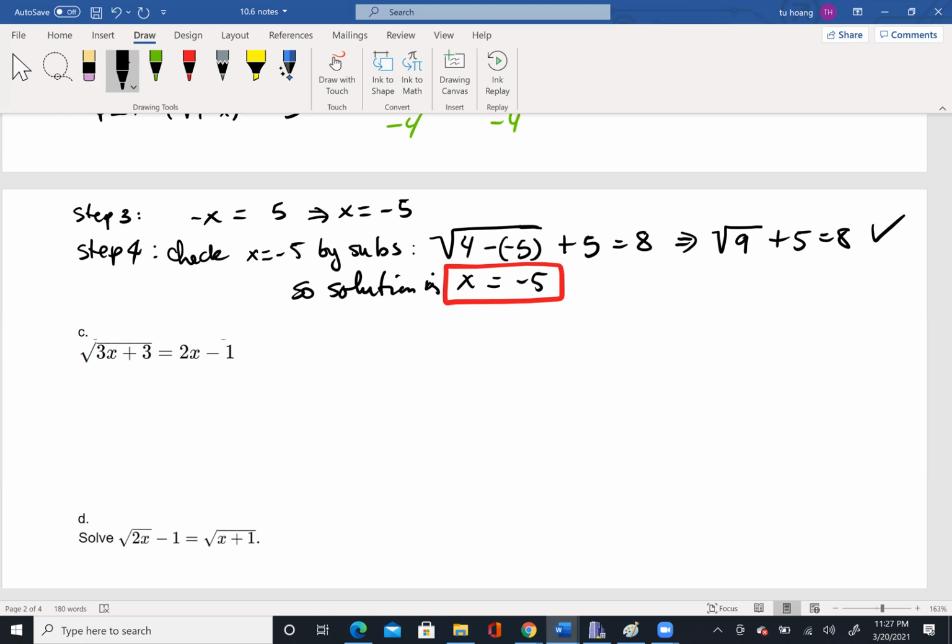Now I'm just going to write it out quickly. So the first step is isolate the radical. I'm done, right? So for the second one, I'm going to square both sides, because I'm having a square root.